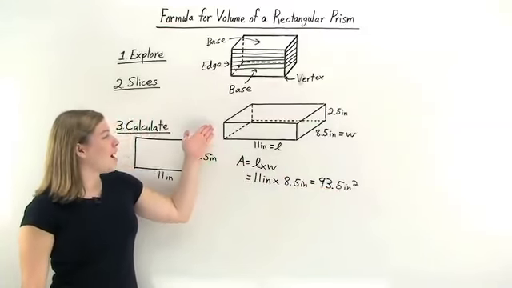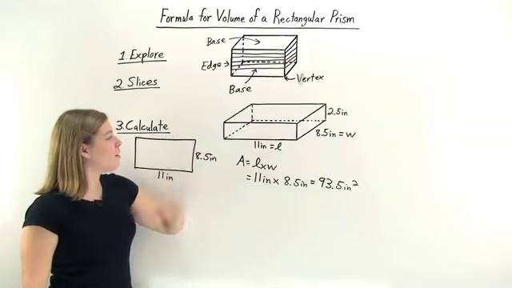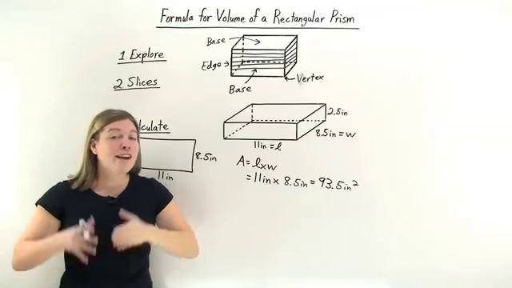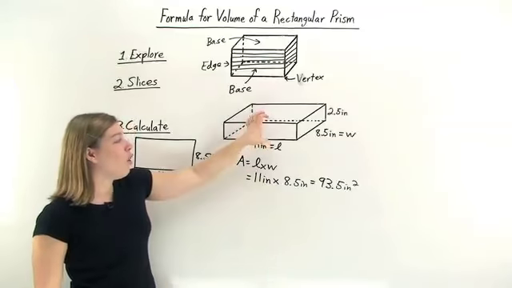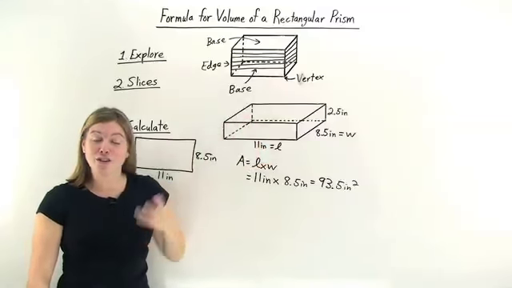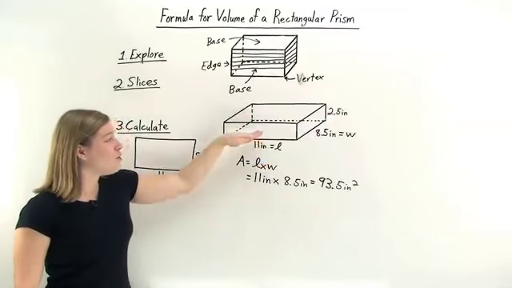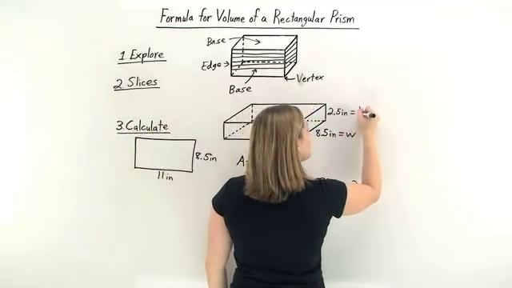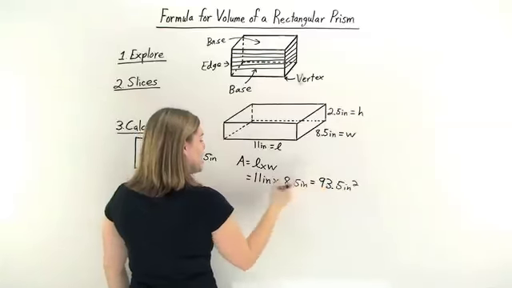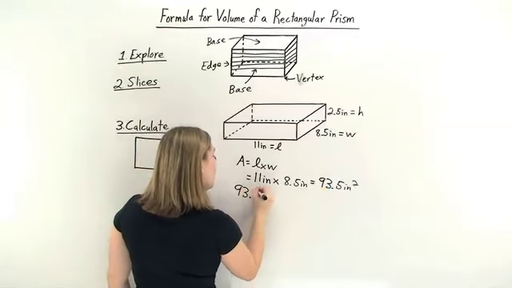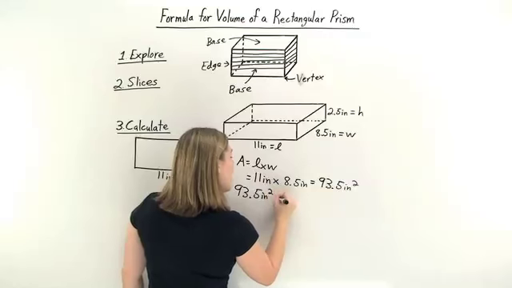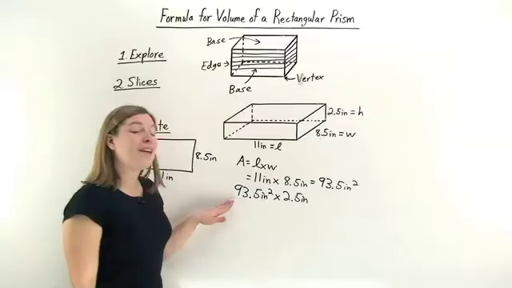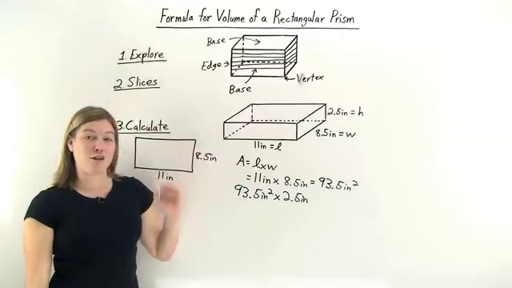Now to make up this entire stack of paper, this rectangular prism, we stack those pieces of paper on top of one another. So to find that volume, we could combine all of those pieces of paper together, all of those areas. Well, if we do that, we end up with a stack that's 2.5 inches tall. That's the height. So we can take the area of just one of those pieces of paper and multiply that by the height of the entire stack, and that will give us the volume of the entire stack of paper.